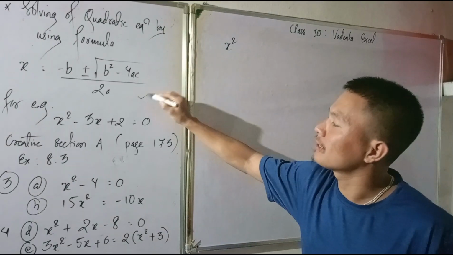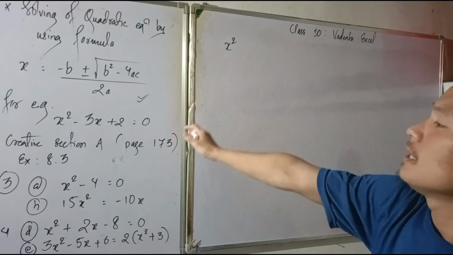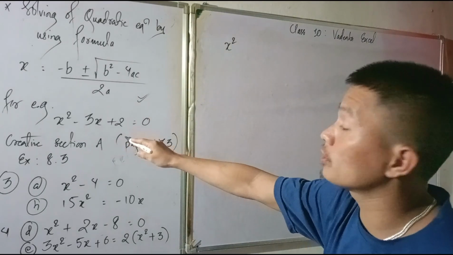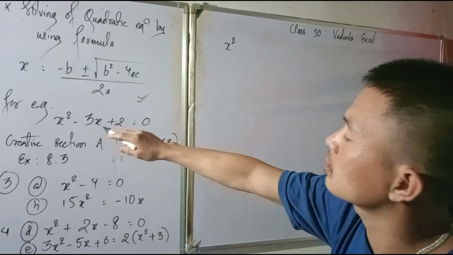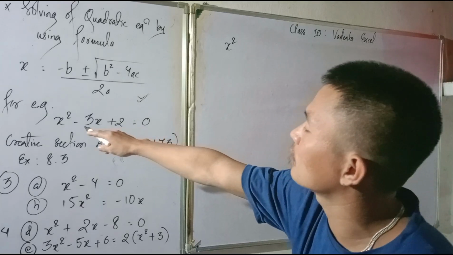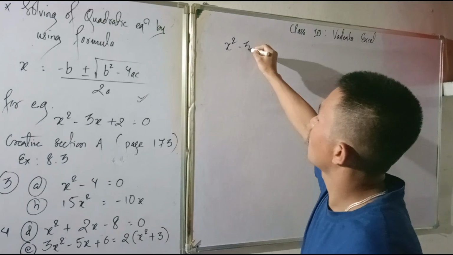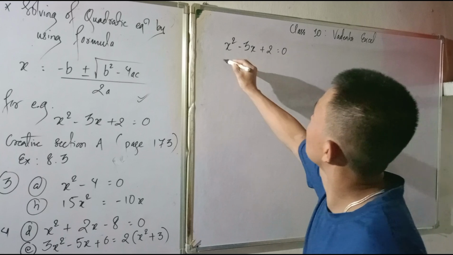If you can remember this formula, then it will be very easy for you. So how do we solve these quadratic equations? We have a quadratic equation given here, for example x squared minus 3x plus 2.